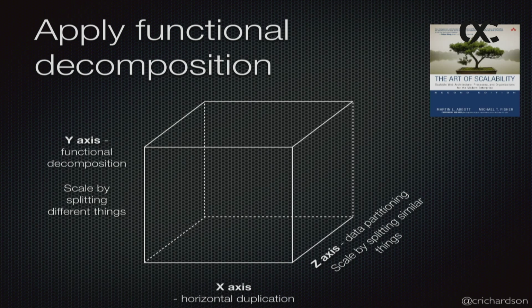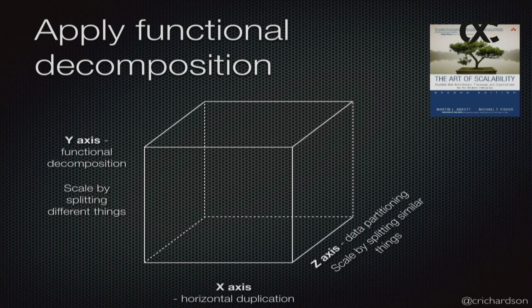Along the z-axis, they have data partitioning, which is where you still run multiple identical copies of your application, but instead of using a regular load balancer, you're using some kind of routing component that looks at some attribute of the request and decides which server to route that request to.